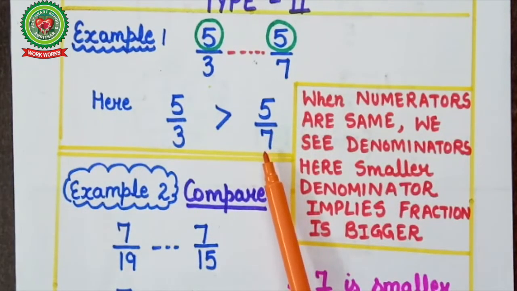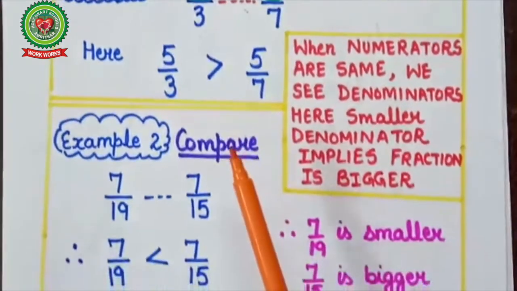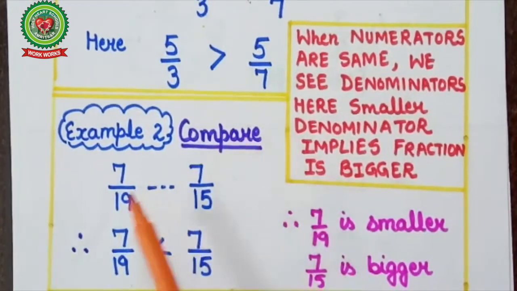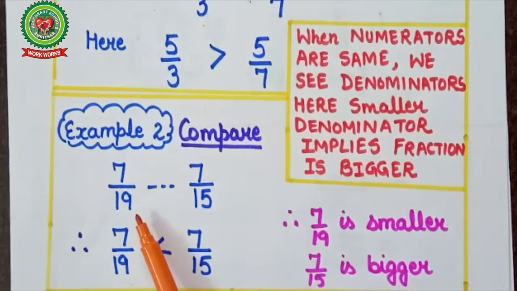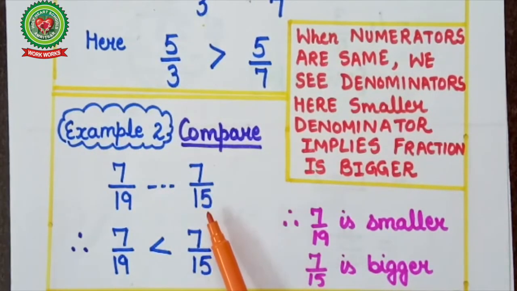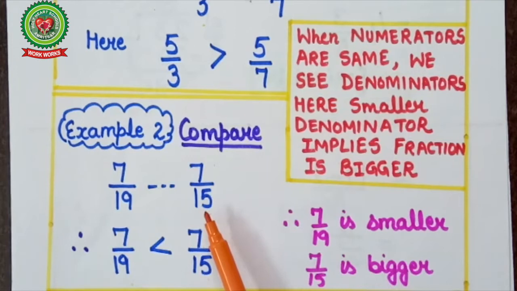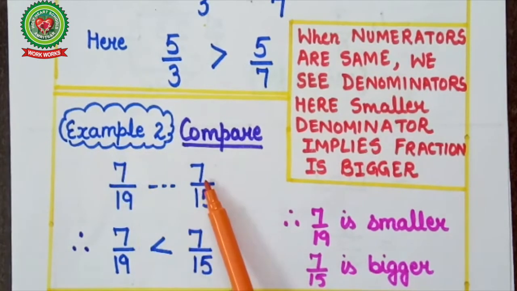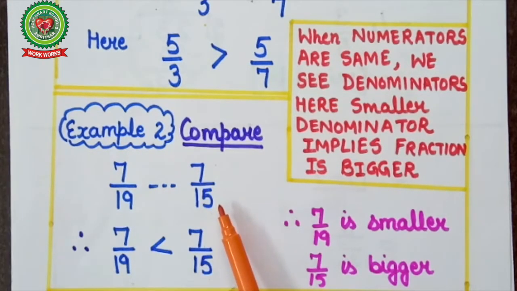Now let's see one more example. Here we have to compare 7 upon 19 and 7 upon 15. Now again numerators are same. So if numerators are same, small denominator gives bigger fraction.